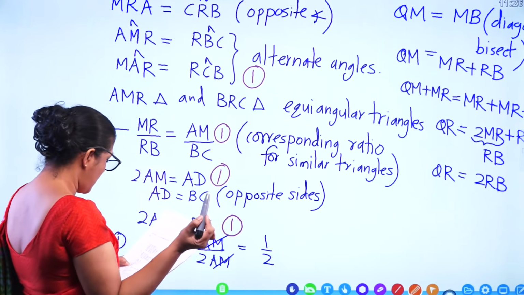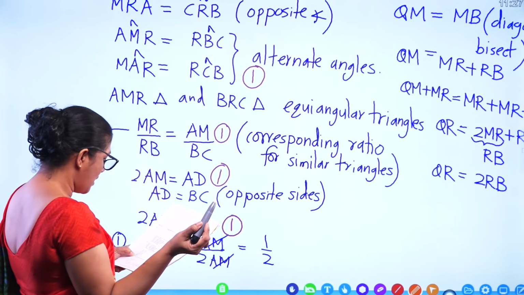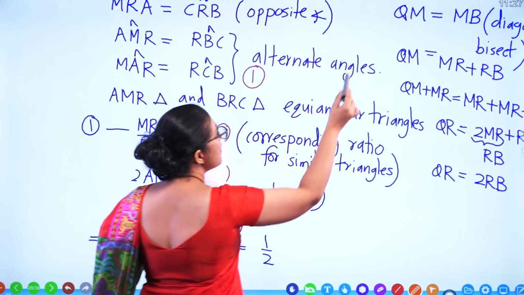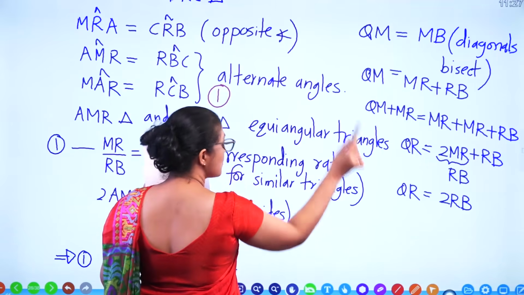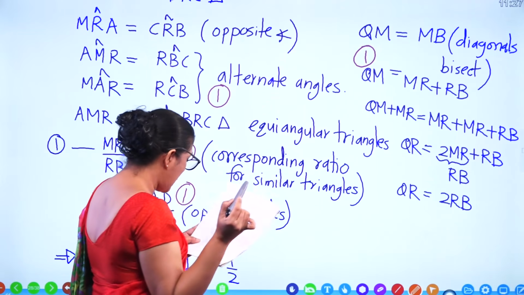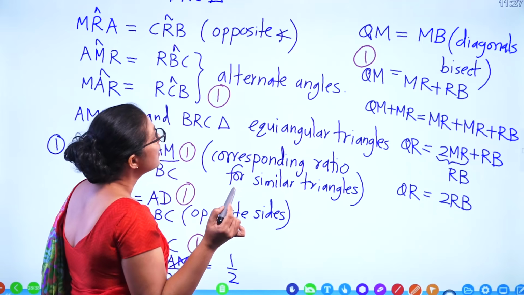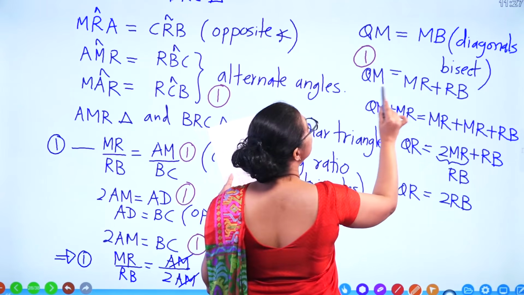So you get the ratio. And then the second part for the other one, so diagonals bisect each other. So this part, 1 mark. Diagonals bisect each other, and then QM equals MR plus RB.